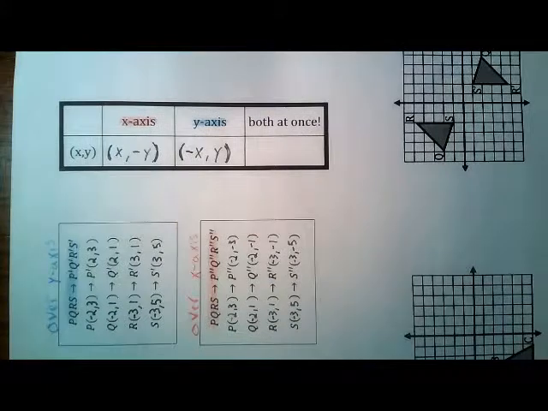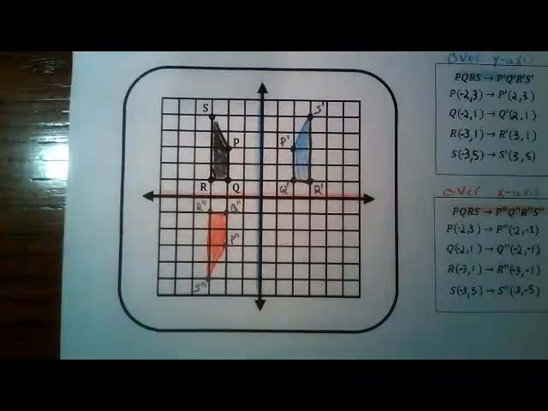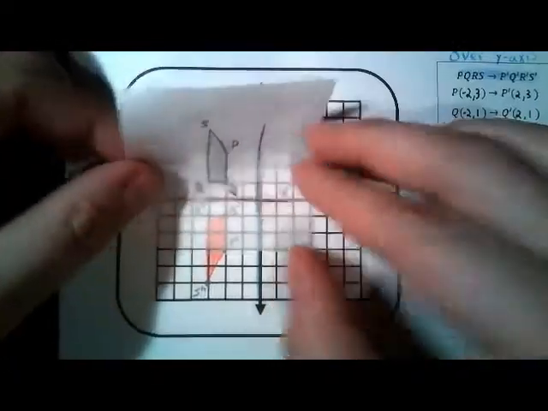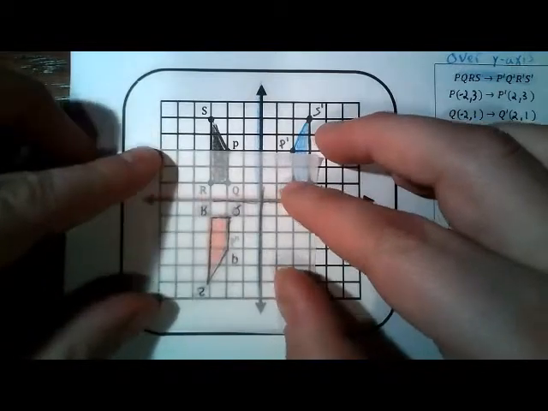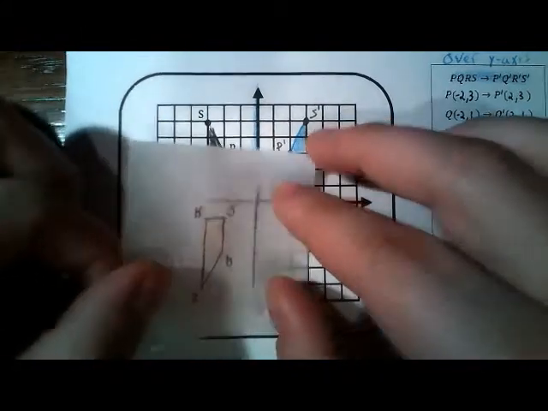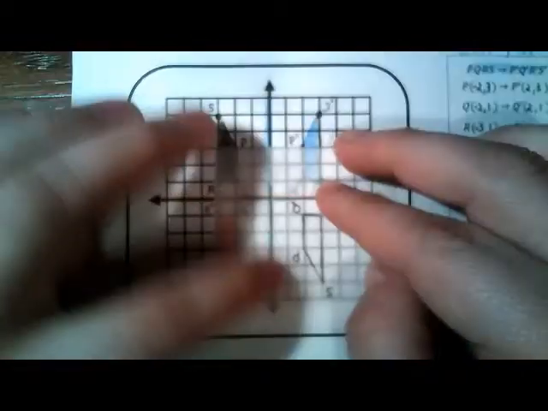So if we were to estimate what happens if we do both at once, let's take a look. So we've got it flipped over the x-axis, and then we flip it over the y-axis. If we were to take a look at our coordinate plane, we have our transparency paper. Let's say first I flip over x, so the y changes sign, and then I flip over the y, and the x changes sign.